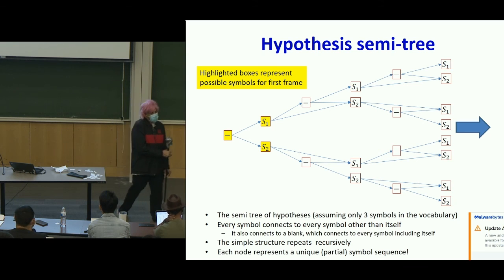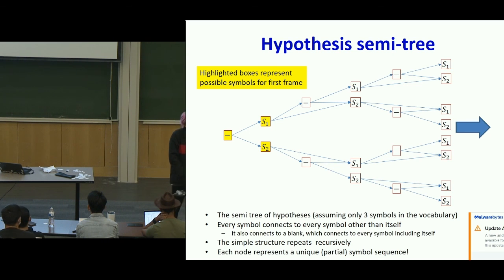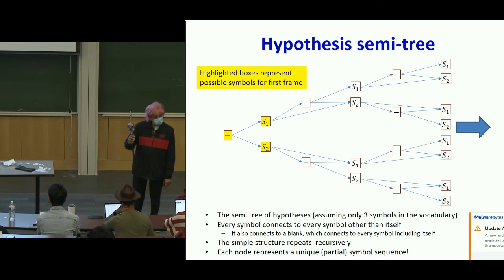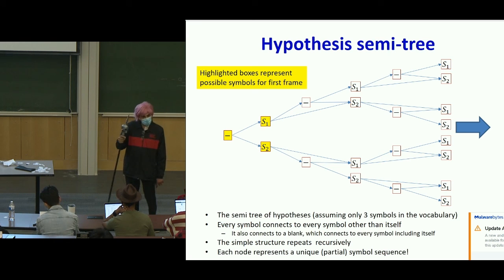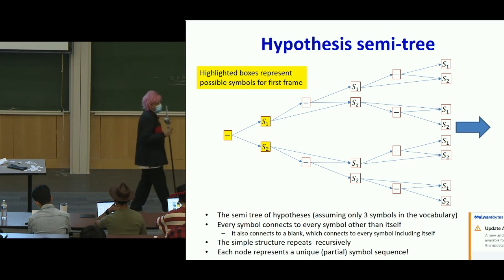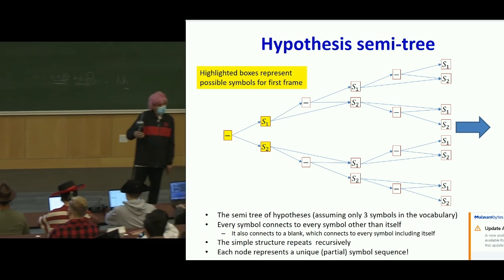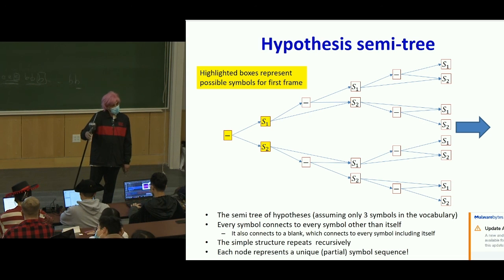And so now you can just have repetitions of the same structure going forward all the way to infinity. And this is showing you every possible unaligned sequence, expressed as a tree, with the appropriate introduction of blanks to separate repetitions, right?